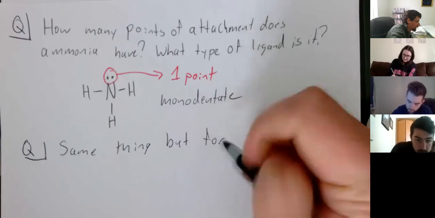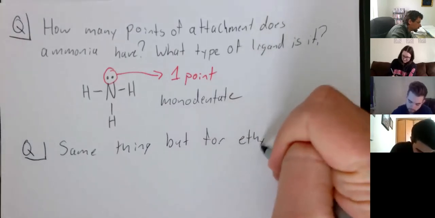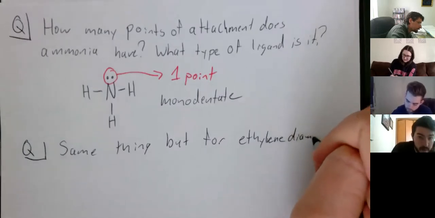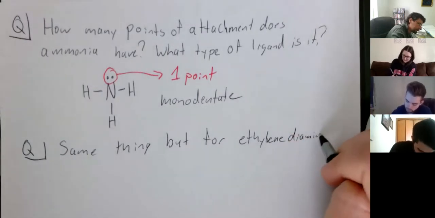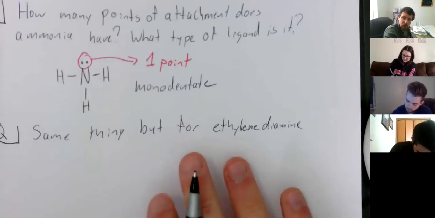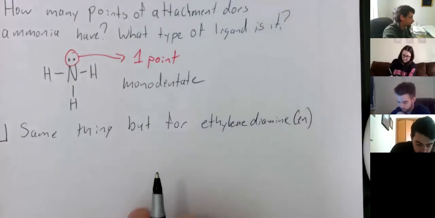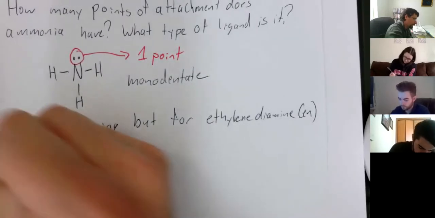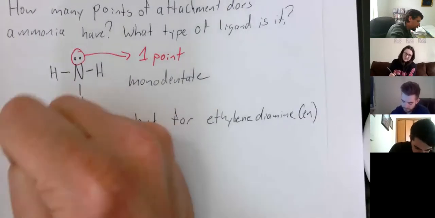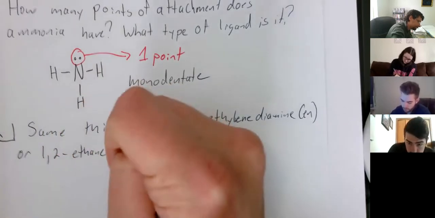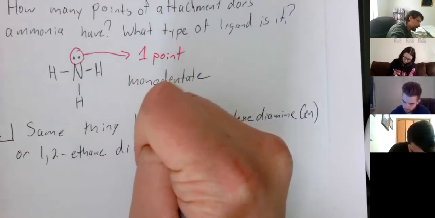But for ethylene diamine, which is sometimes shortened to just EN, or if we go by the IUPAC name, 1,2-ethanediamine.